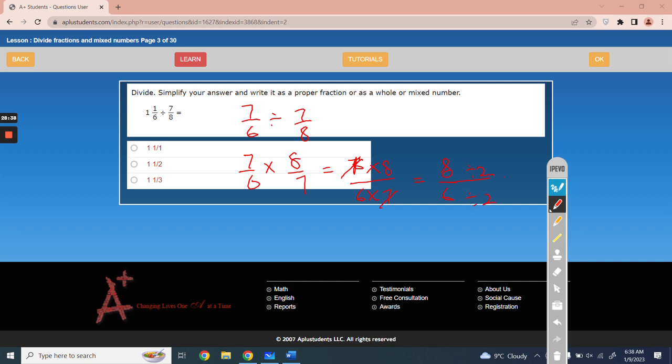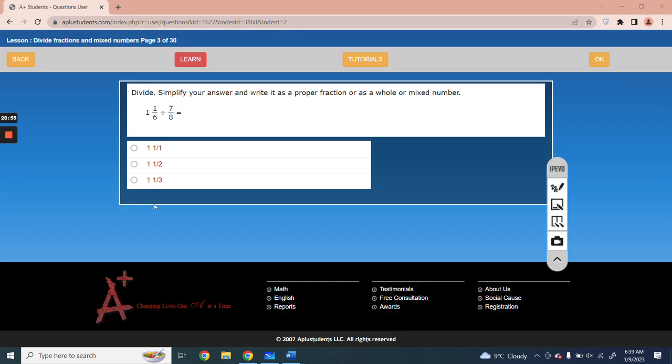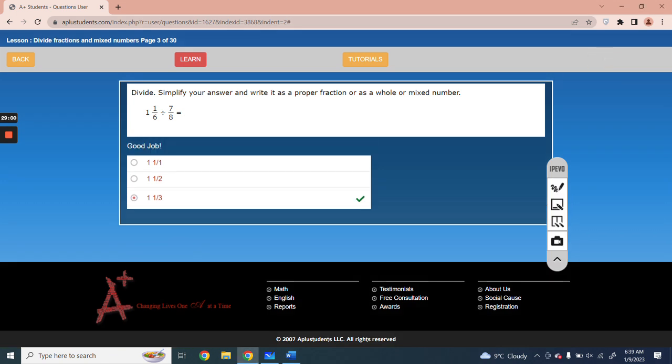Just divide them by 2. 2 times 4 is 8 and 2 times 3 is 6. Now divide 4 by 3. 3 times 1 is 3 and 4 take away 3 is 1. So it would be 1 whole 1 over 3. Option number 3 is the correct option. Just select the correct option and click on the OK button.